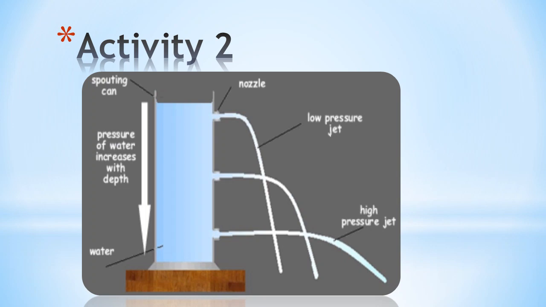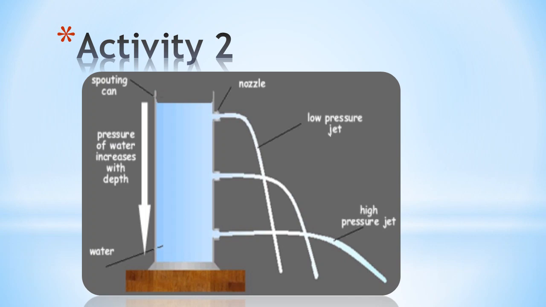The water jet emerging from the hole at the top will fall closest to the bottle. The jet from the lowest hole falls farthest from the bottle.